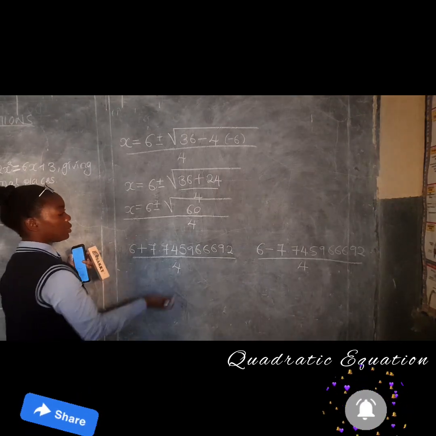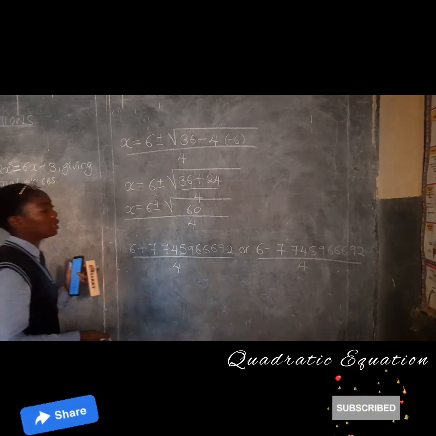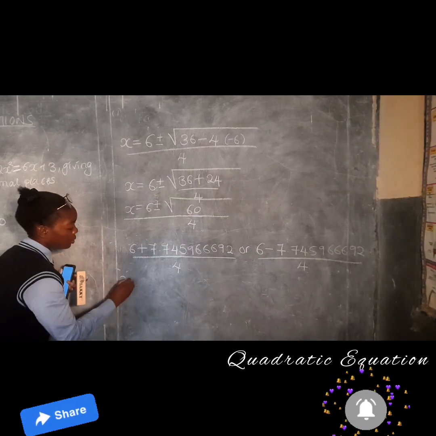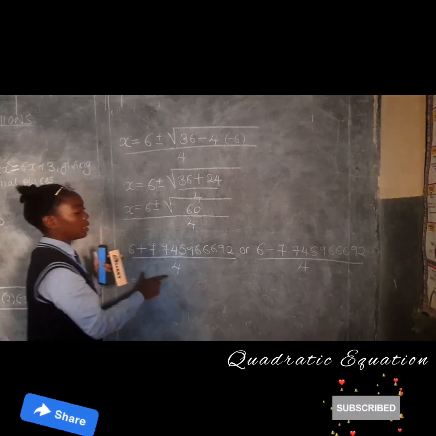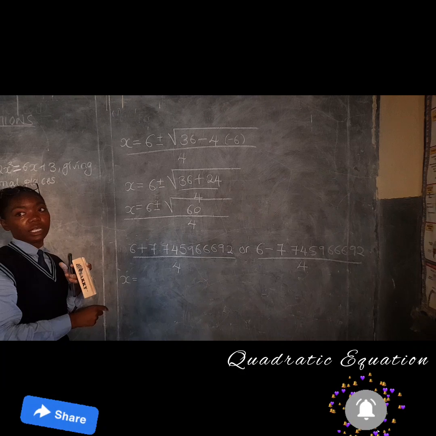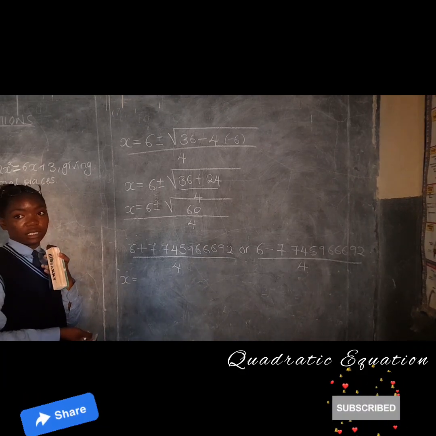Here, never forget the or. So what we're supposed to do is to write down x is equal to, and punch this on our calculator all together in order to get the correct answer.